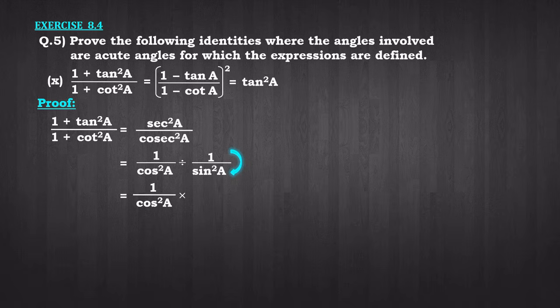Therefore, 1 upon cos²A multiplied by sin²A upon 1. This simplifies to sin²A upon cos²A, which is tan²A. Hence, (1 + tan²A) upon (1 + cot²A) is equal to tan²A.